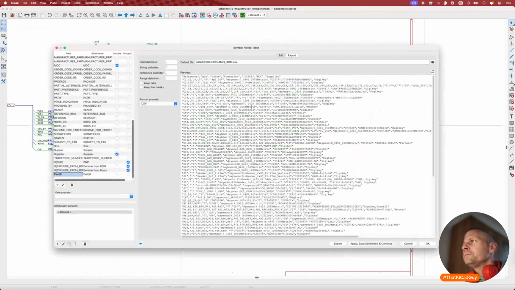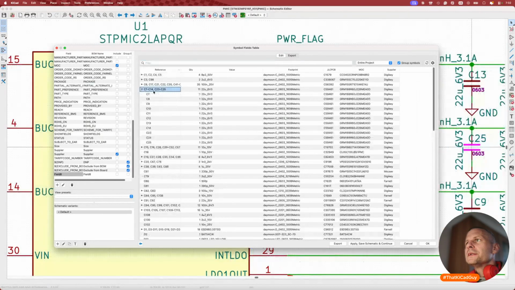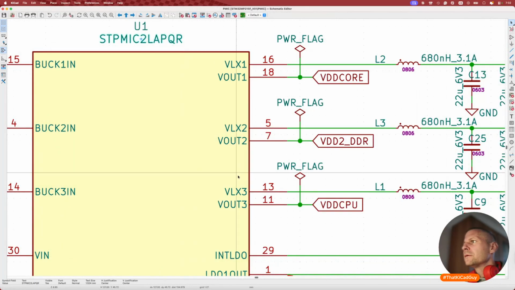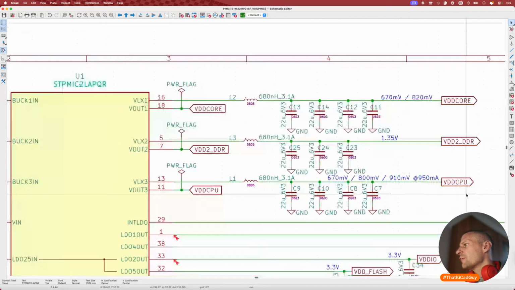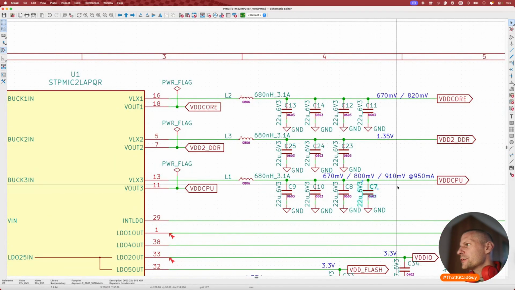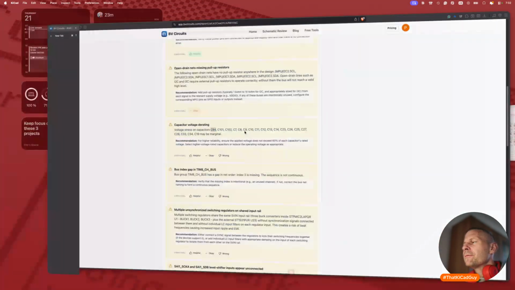KiCad. C7. C9. C7 here, 6.3 and output is, I don't know, it's false. C10.